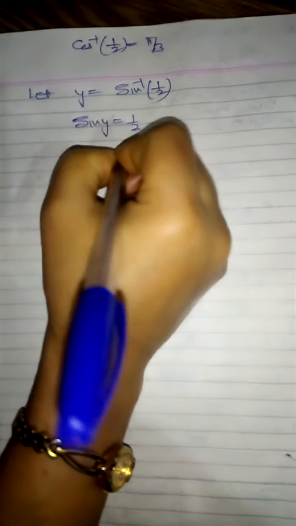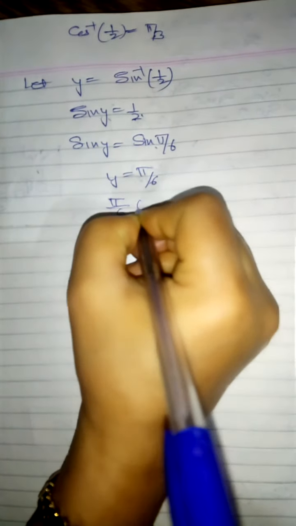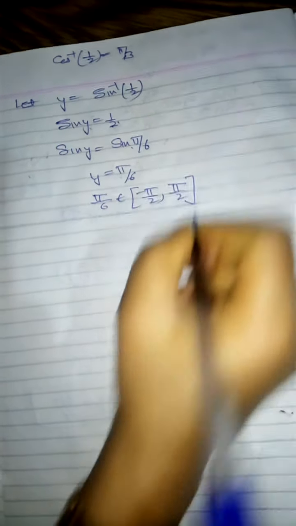The value 1 by 2 in the form of sine is sine pi by 6. We can write 1 by 2 equal to sine pi by 6. So y equals pi by 6, and pi by 6 belongs to the closed interval minus pi by 2 to pi by 2. So this is the value of this term.